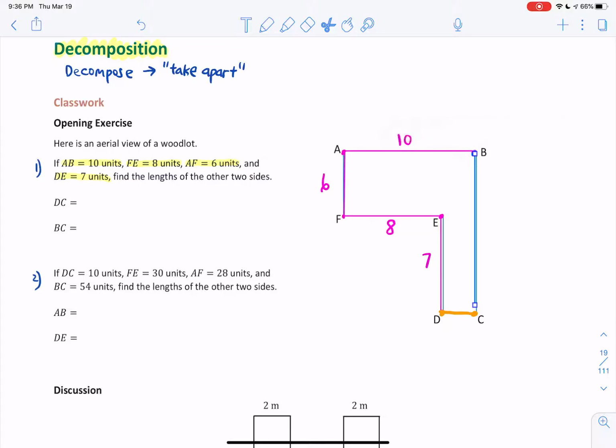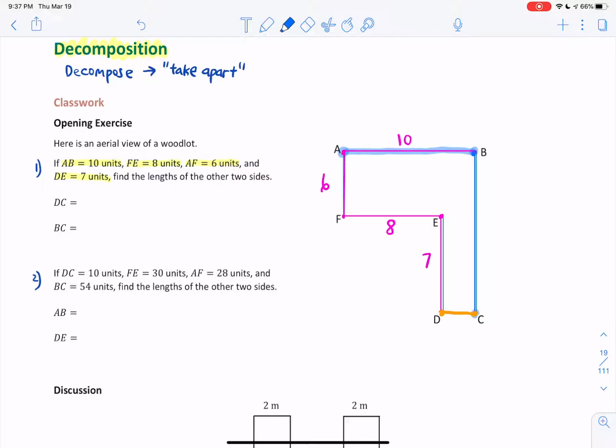They don't really tell me that information, so I have to use my deduction skills, my detective skills, and identify the fact that we know some information here. If I go all the way across this shape, it's going to be 10 units long.